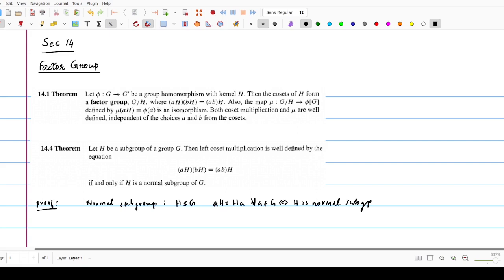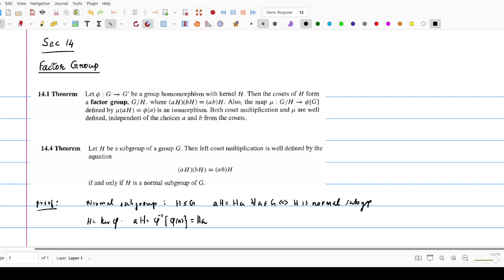If you consider the kernel of a homomorphism phi, then we have already observed in the previous section that H, the kernel, equals phi inverse of the set of phi of a, which is also equal to Ha. So we can easily get that H, the kernel of a homomorphism, is a normal subgroup.